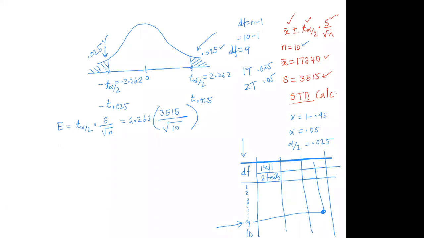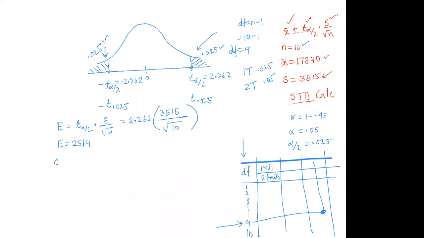Let's do the calculation. 2.262 times 3515 divided by the square root of 10 comes out to E equal to 2514. So the margin of error is 2514.